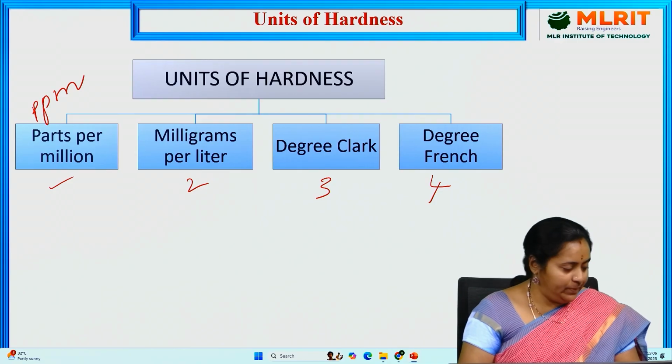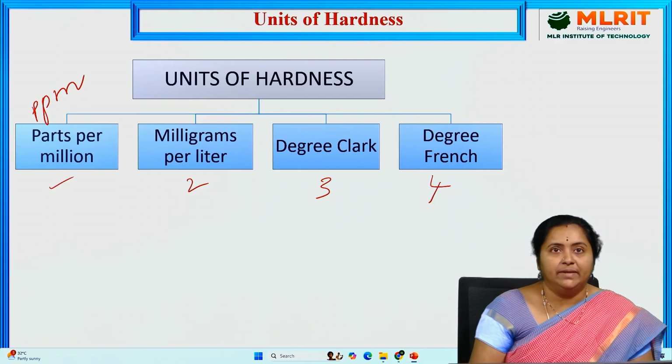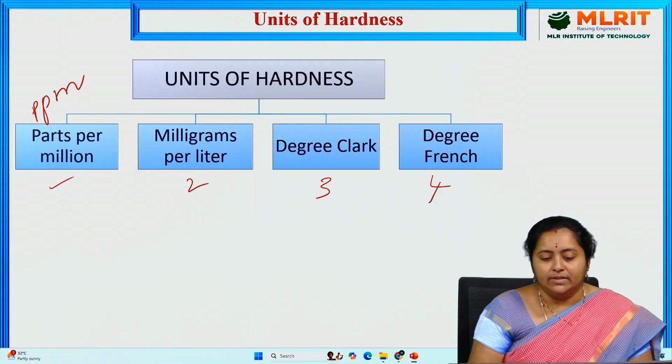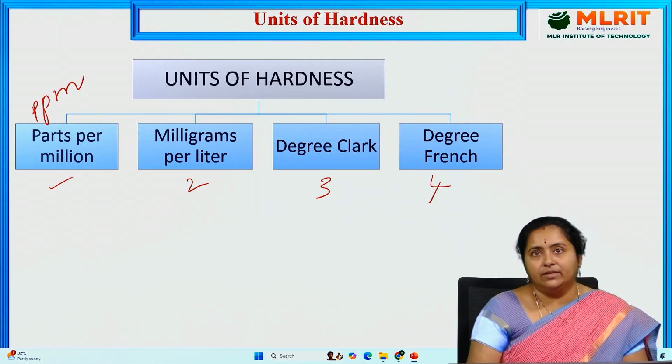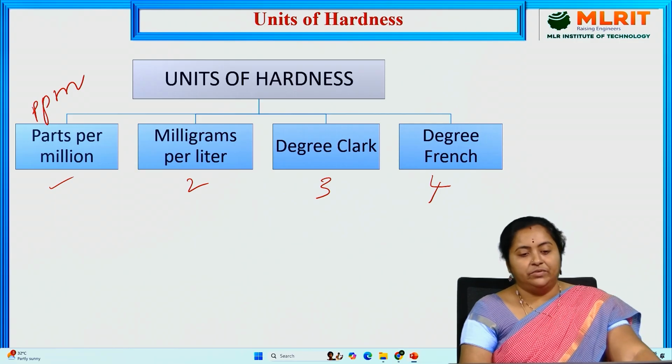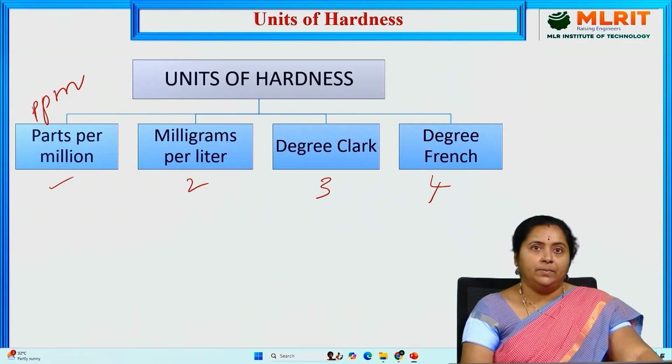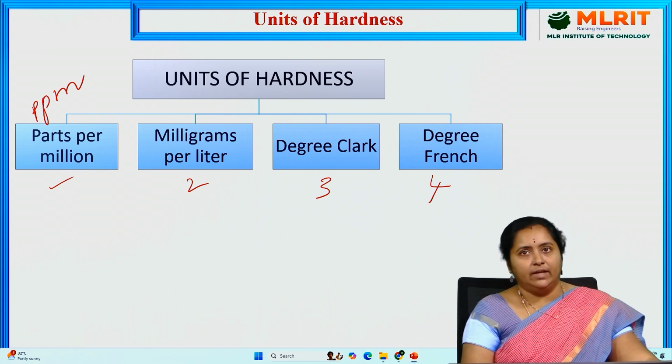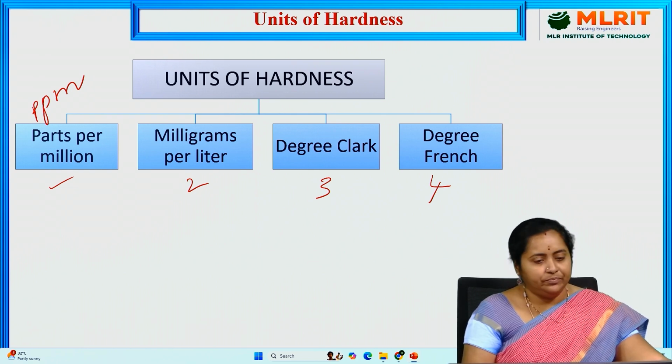The second one is milligrams per liter, or mg per L. The third one is degree Clark, and the fourth one is degree French. So there are 4 different ways for expressing the units of hardness: parts per million, milligrams per liter, degree Clark, and degree French.